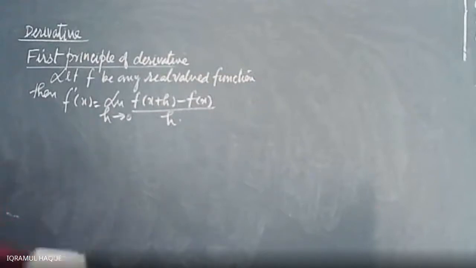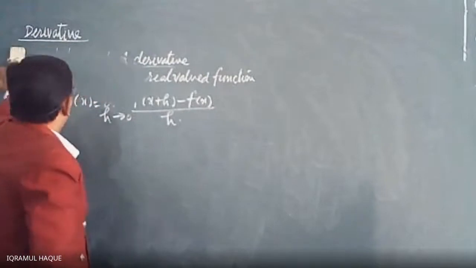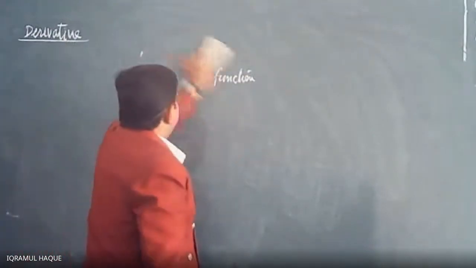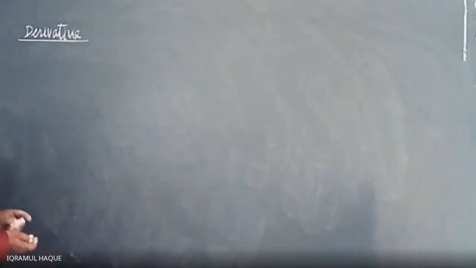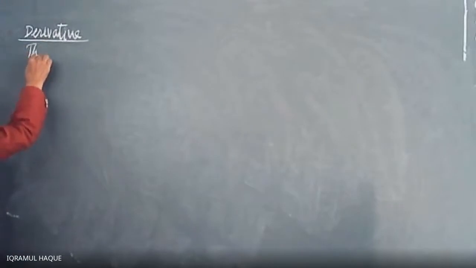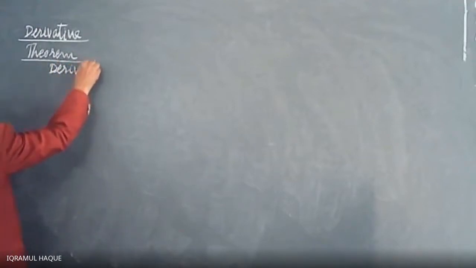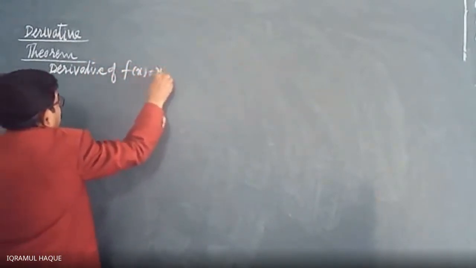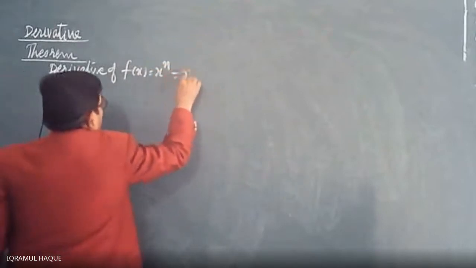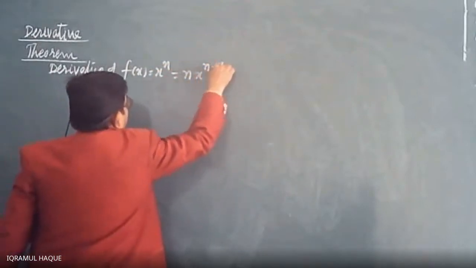Now we have a theorem. This is a very important theorem. Derivative of f(x) equal to x to the power n is n x to the power n minus 1.